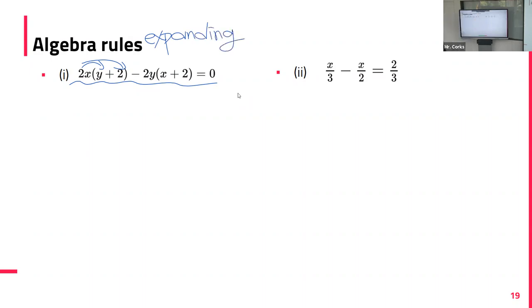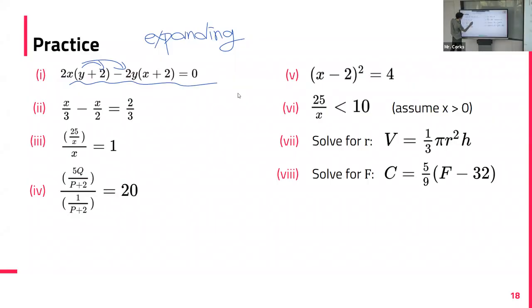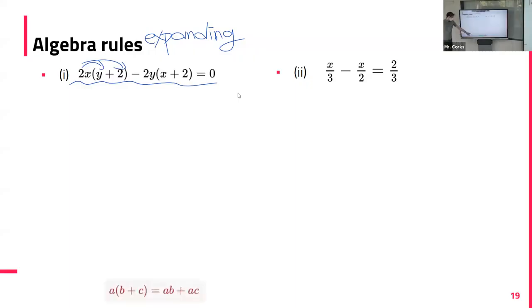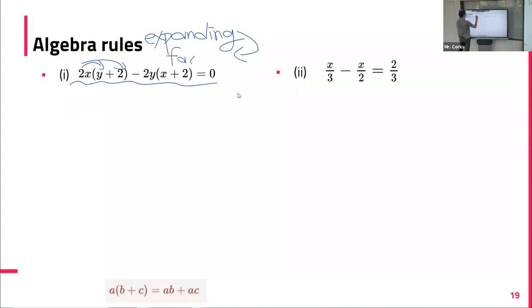So this is expanding. So we're expanding. At the bottom of the screen, if you're in the classroom, it's a little hard to see, but you can kind of see it at the bottom there. This is just a basic pattern. If we have something outside brackets multiplied by something in brackets, we expand to go one way, or we factor to go the other way and find the common element and pull that common element out.